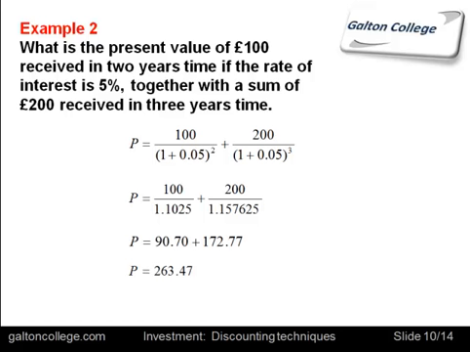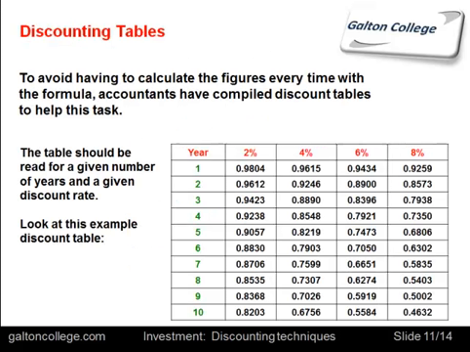We can do this by table. This is what a table would look like. Here we have the number of years down here, and here we have rates of interest 2, 4, 6, 8. We could have 1, 2, 3, 4, whatever. These tables can be purchased. Sometimes they appear in the back of finance books.